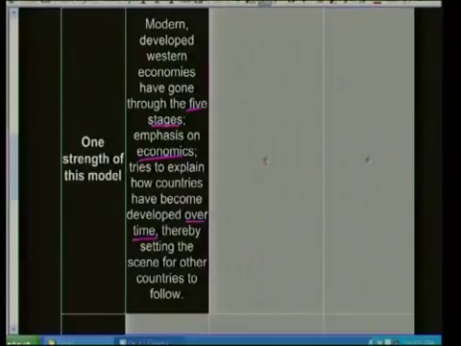Okay, so it's not saying that development happens overnight, that development is a time process and it takes a long period of time to get there, setting the scene for other countries to follow. So in other words, other countries can look at how a specific country took off and follow the same path.